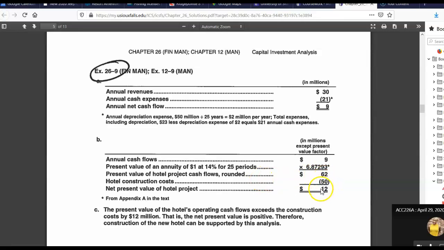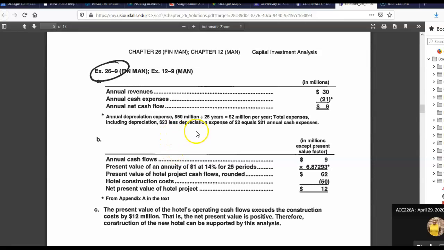Well, this one again is going to tell you based on the cash flow going out today versus the 9 million for 25 years and bringing it into today's dollars, 62 million, we have a positive net present value of 12 million. We would accept this project because it got to our 14% hurdle and we got a positive net present value.